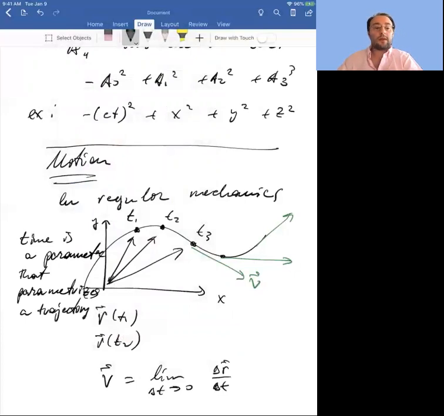The question now is how to extend this to spacetime. Is time still a good parameter? Well, time presents a difficulty because time is different in different frames. We want a simple parameter that's universal for all frames.